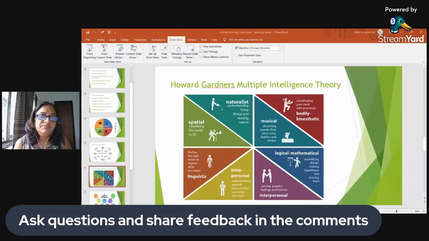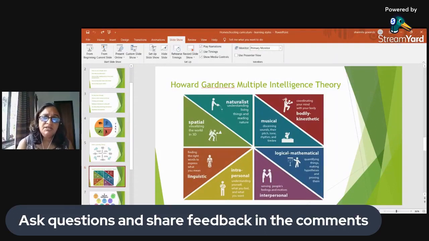So, a spatial learner will probably be visualizing the world in three dimensions or in two dimensions. He'll understand space and time much better. So those are spatial learners.